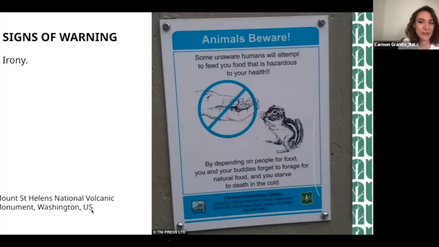So some unaware humans will attempt to feed you food that is hazardous for your health. By depending on people for food, you and your bodies forget to forage for natural food and you starve to death in the cold. So it's still explaining that this should not be done, and why, but it's phrased in a way that puts people in the shoes of the animals.